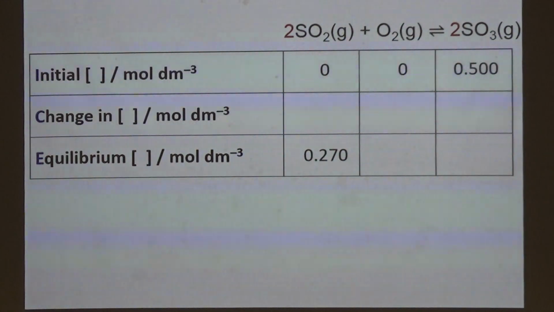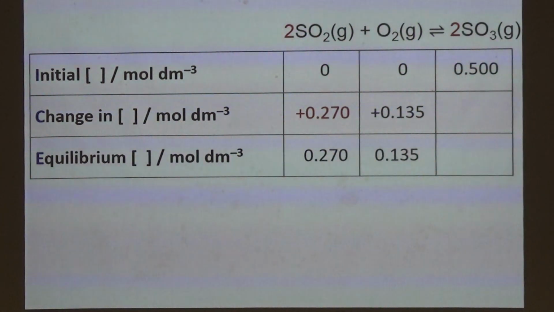So the first thing we can determine is the change in concentration of SO2, which is plus 0.270. What must be the change in concentration of O2? It must be half of that value, so plus 0.135 mole per dm cube. Which means the equilibrium concentration of O2 will be 0.135.